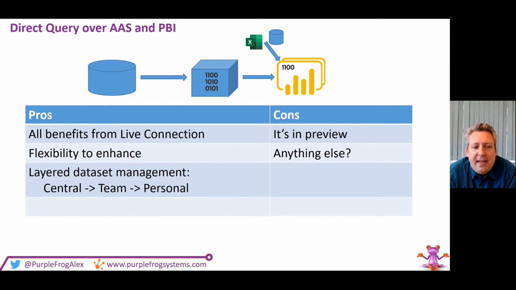One of the main ones is once you create this new composite model over a data set, if you change the underlying data set, it breaks your composite model on top of it as well. And that is the single biggest problem with this DQ over data set composite model that exists at the moment.